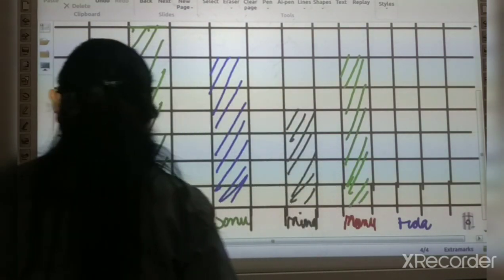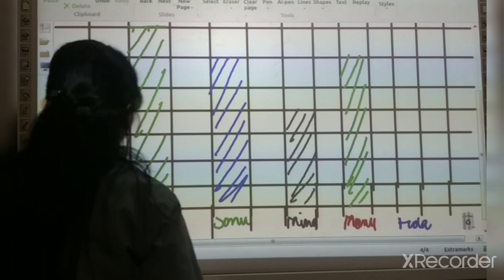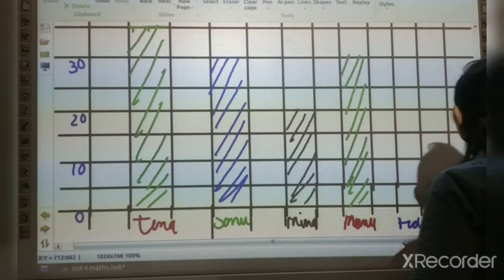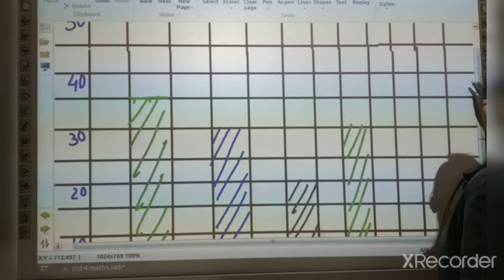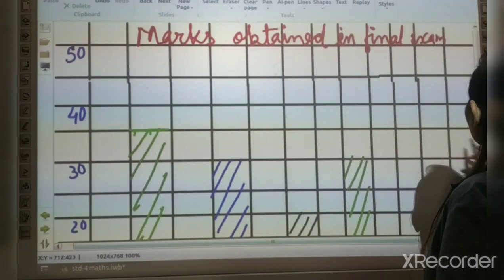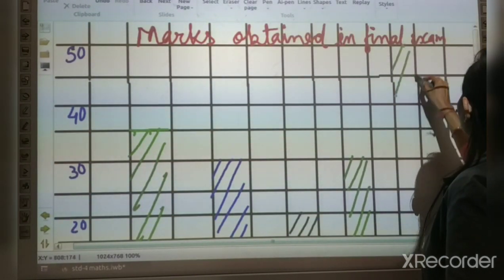And Fida got 50 marks, so Fida got full marks. You draw it like this.